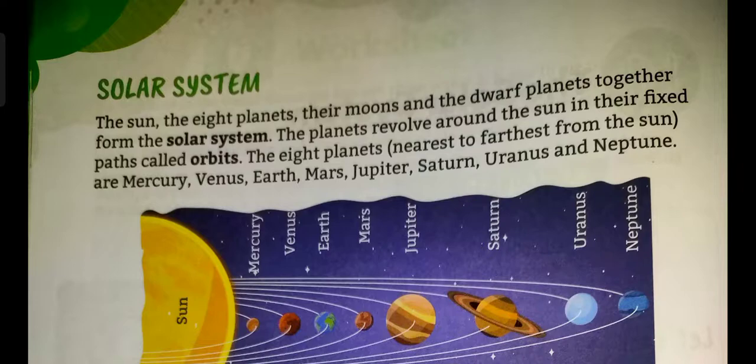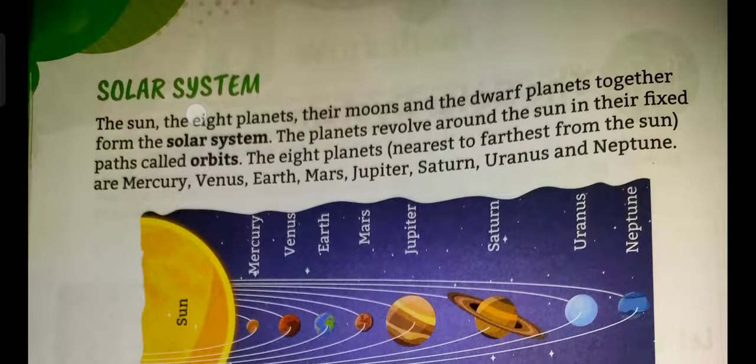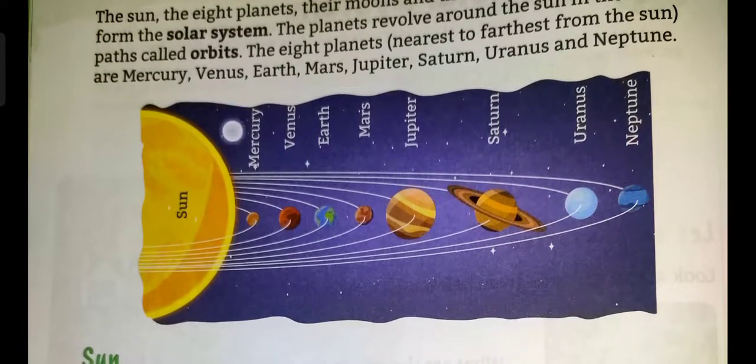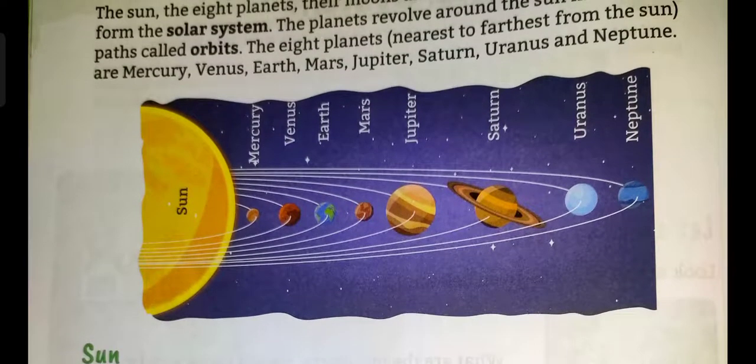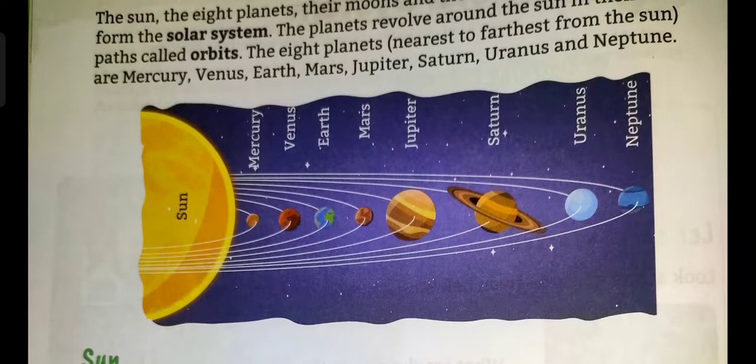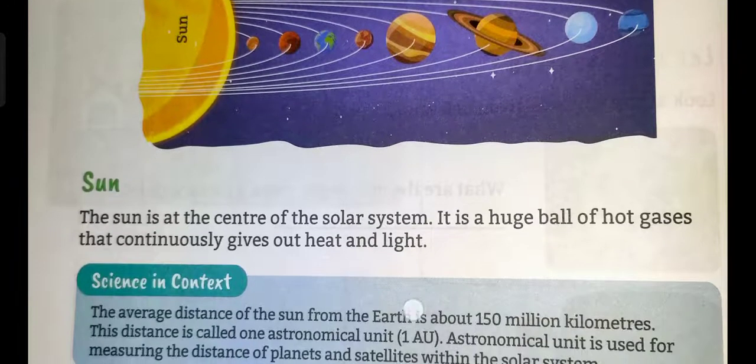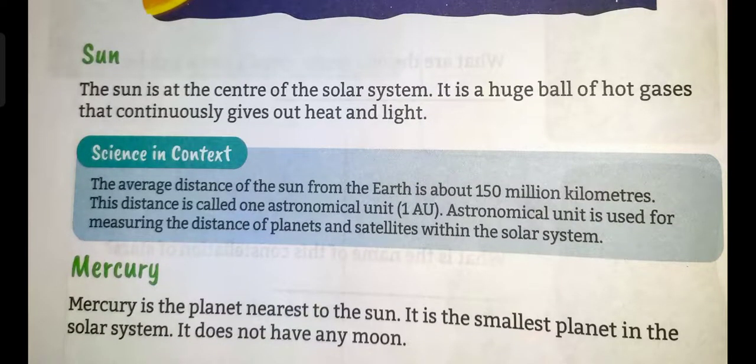So the sun, the 8 planets, their moons and the dwarf planets together form the solar system. The planets revolve around the sun in their fixed path called orbit. The 8 planets are: Mercury, Venus, Earth, Mars, Jupiter, Saturn, Uranus and Neptune. Okay, so the first is sun.